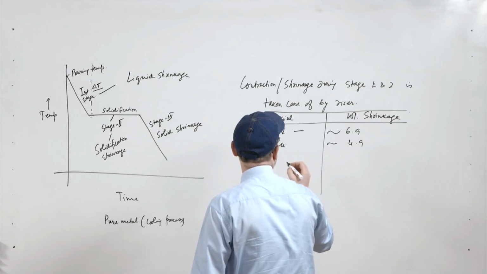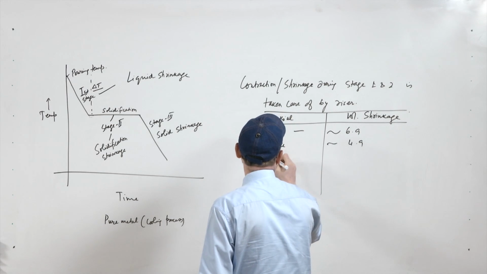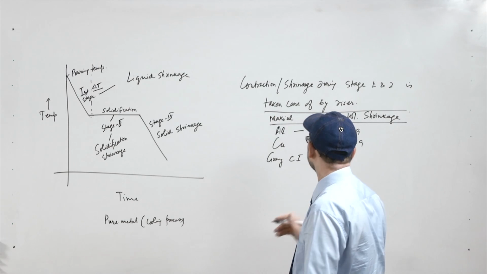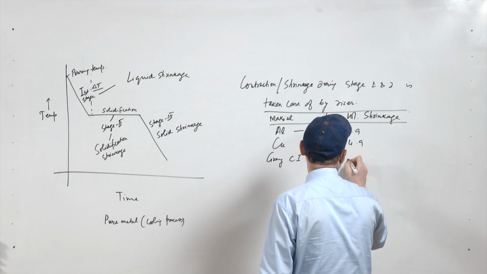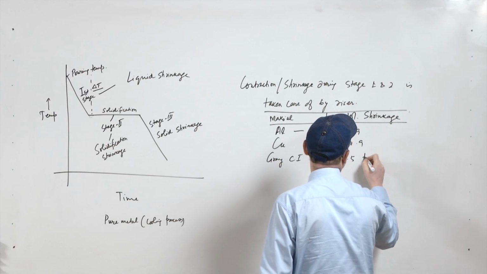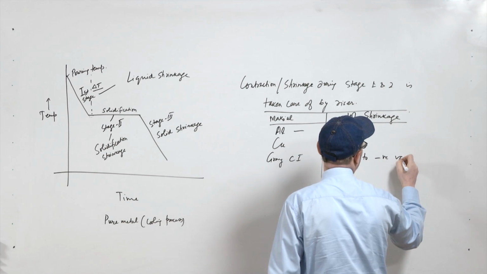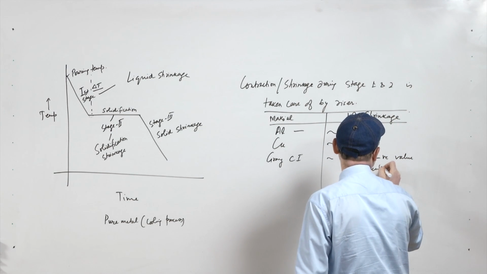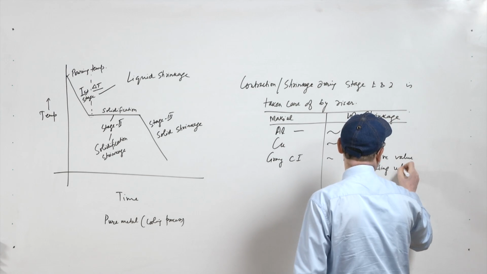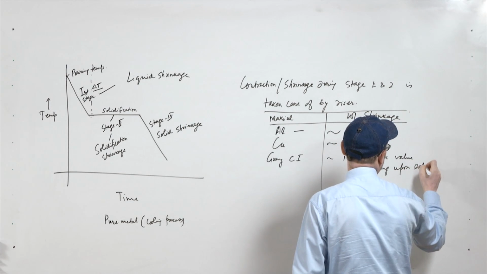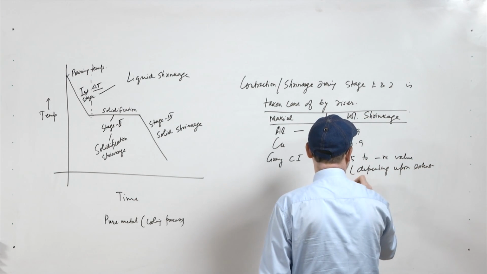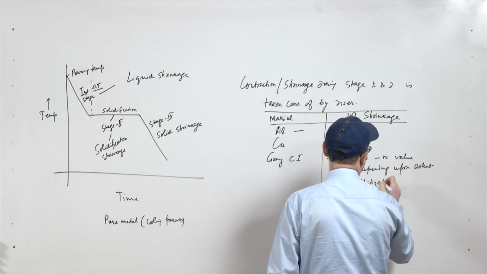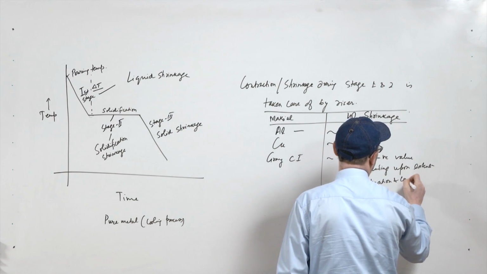If you take grey cast iron, it will be somewhere close to 1.5 to even a negative value, depending upon the extent of graphitization and composition.